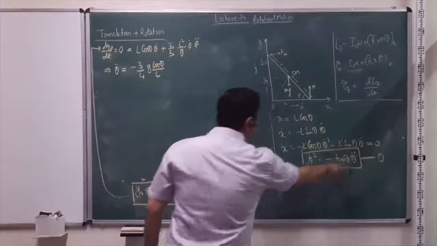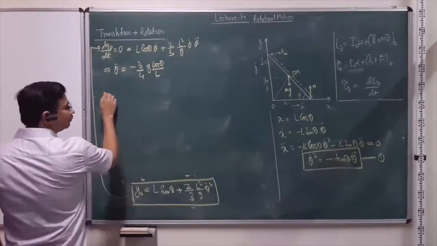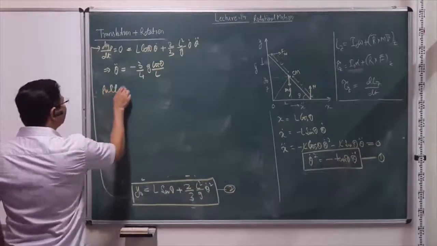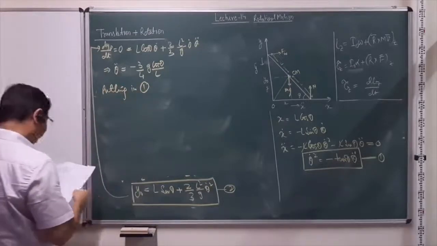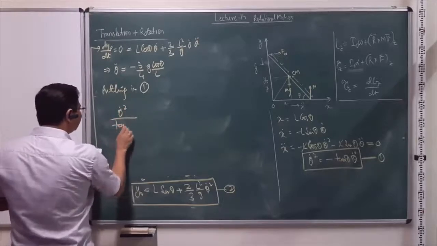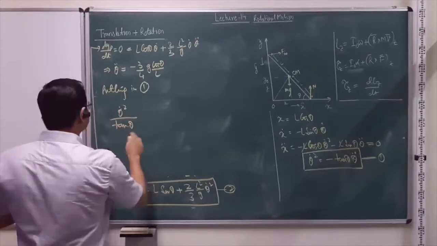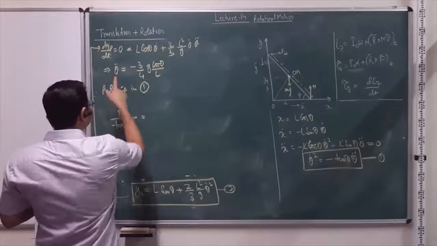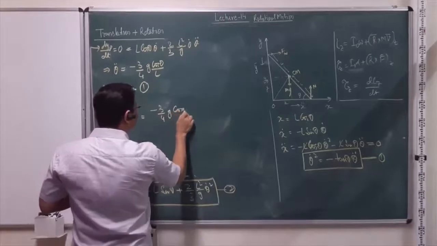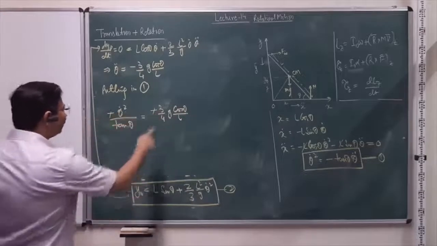I also have an expression for theta double dot here, so we can simply put that expression in there. So this was 2, putting in 1 now. What I get is theta dot square over 10 theta, which is here, and the minus sign, equal to minus 3 by 4 g cos theta over L. Okay, so we can take the theta there, so it will cancel out.